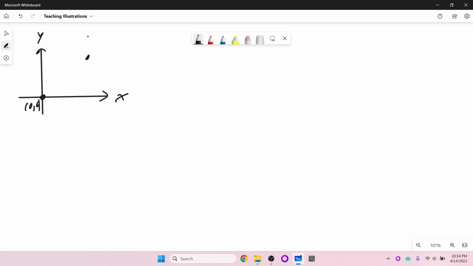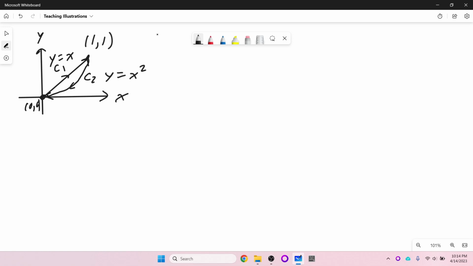And here is 1, 1. And so we're going to say, let's take C1 to be a straight line path, y equals x. And then go back C2 along the path y equals x squared. So we've got two different paths here.